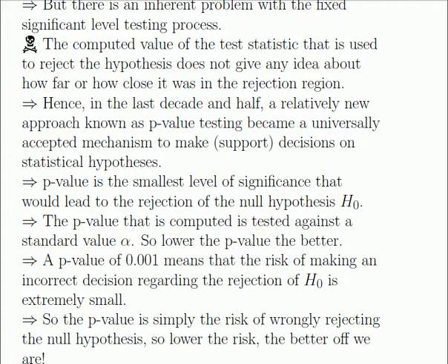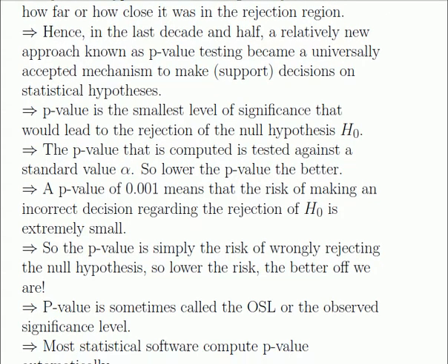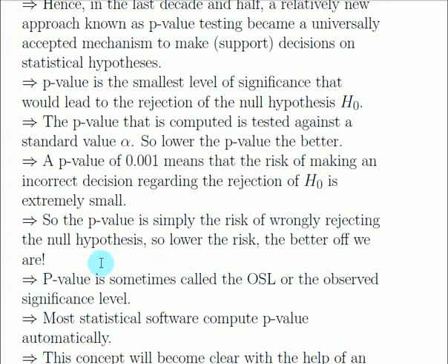So in this bearings case, your p-value has to be lower than 0.005 for us to be able to reject the null hypothesis. The p-value is telling you the risk of wrongly rejecting the null hypothesis. So the lower your risk, the better off we are.